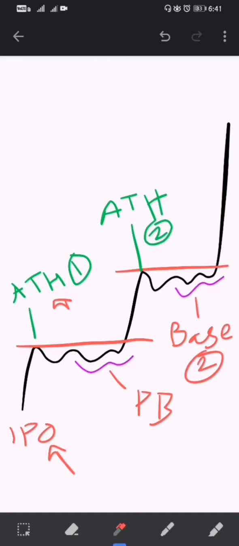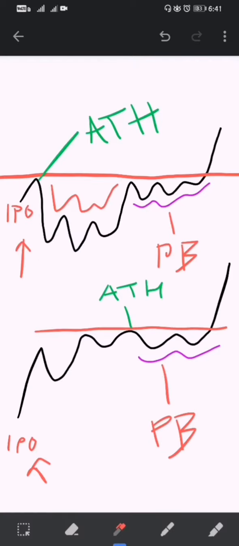It is not necessary that you should be looking at exactly this kind of action. There are multiple ways to spot the primary IPO base. This is just one example of such bases. In another example, here the stock was listed, then it went on to form an all-time high at this point, then it went into consolidation.